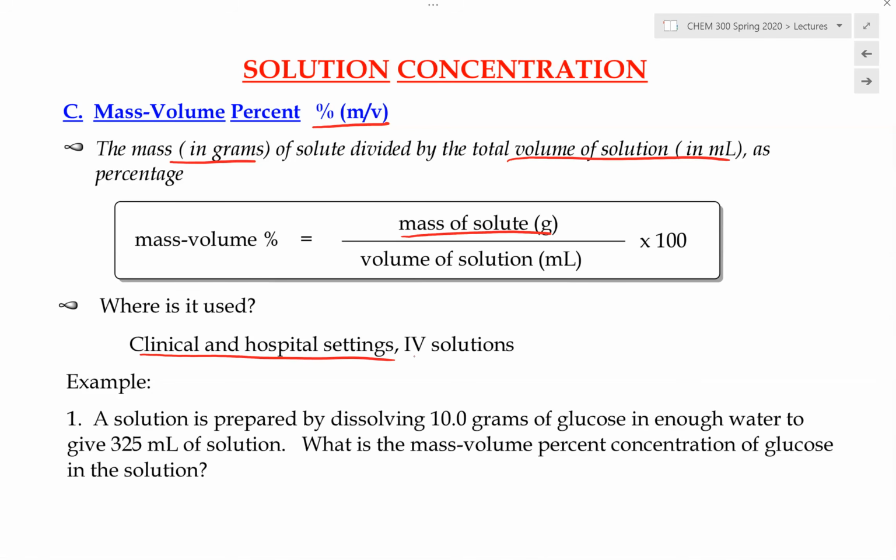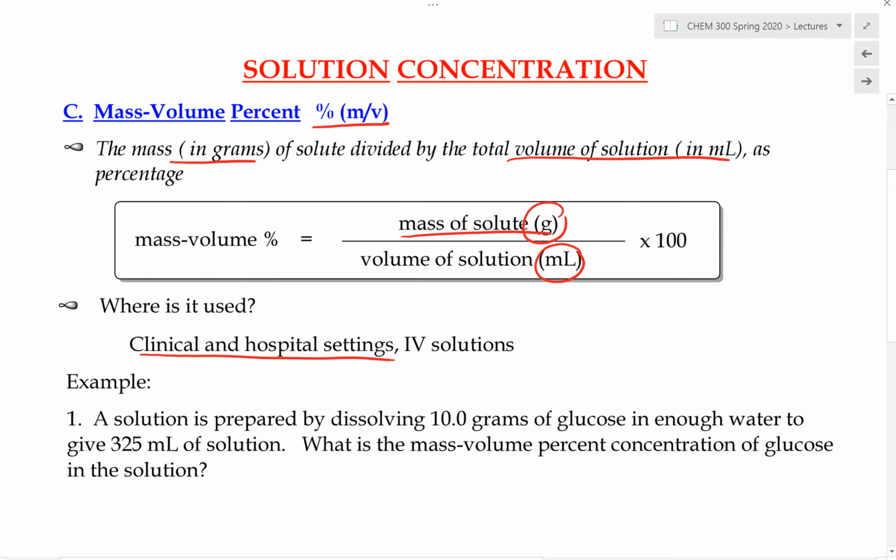And normally this type of solution is quite diluted, and that way we would see this type of unit being used. Now, please be aware of one thing, and this is really important because a lot of students get confused by this. When we look at the unit of this mass by volume percent right here, we see gram over milliliter.